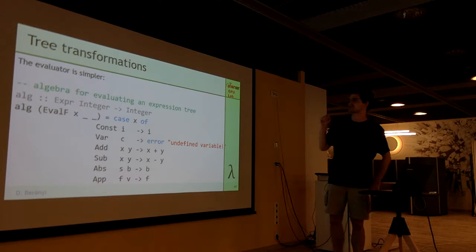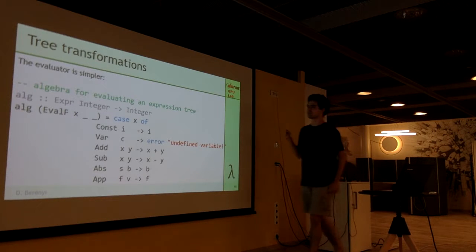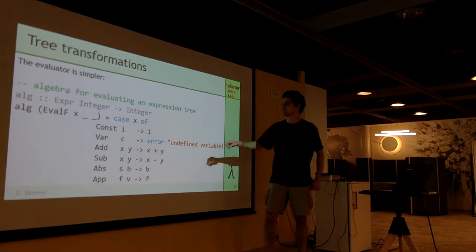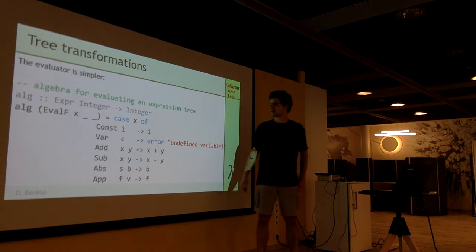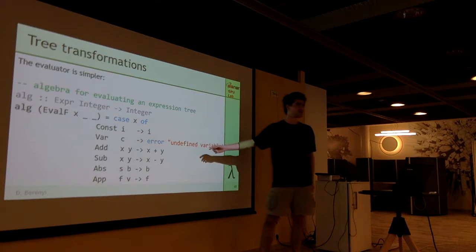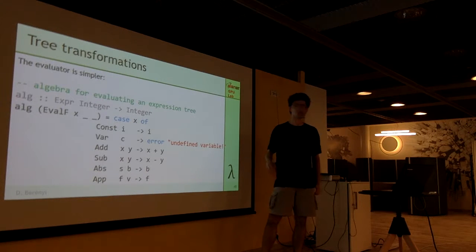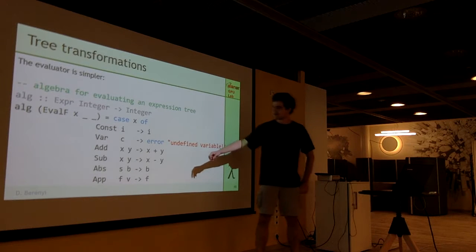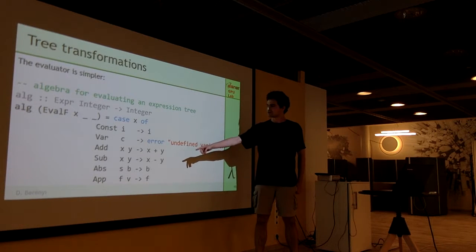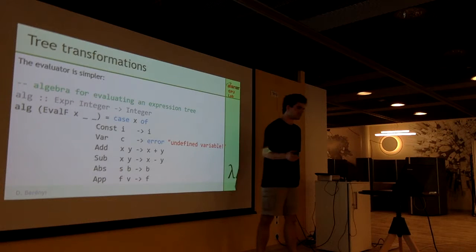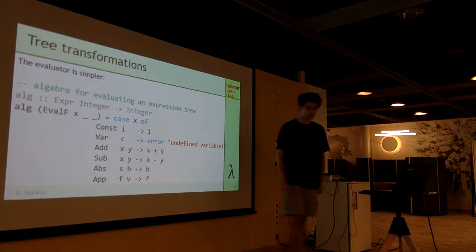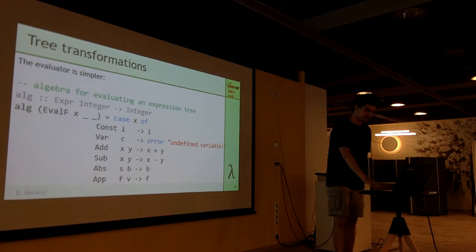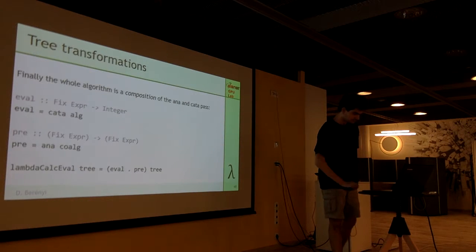The algebra that we use for evaluation is much simpler. When we are adding and subtracting, we are really just doing the operation, and we should not encounter a variable, since it should all be replaced, or if we do, there is an error in the tree. And when we meet an Abs, it should be an identity operation, and also for the App node, because it is already done in the anamorphism.